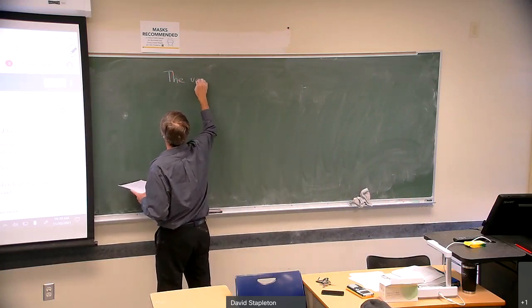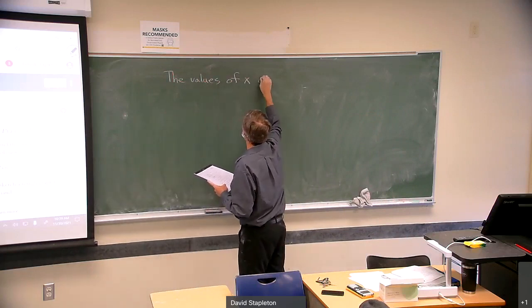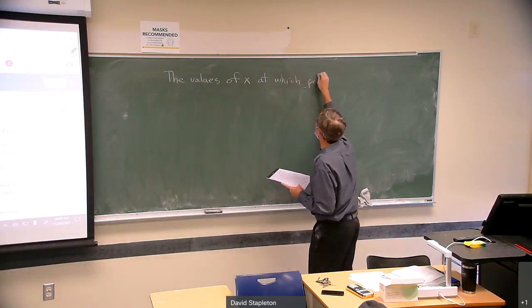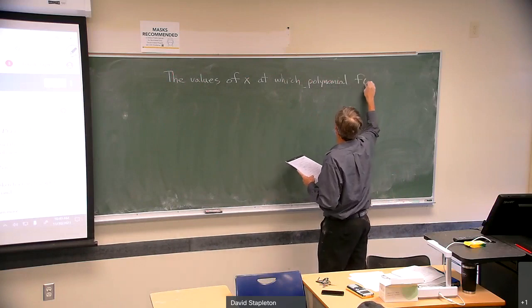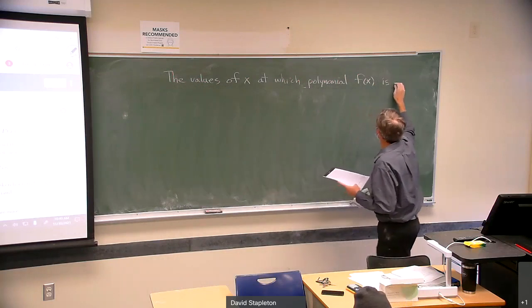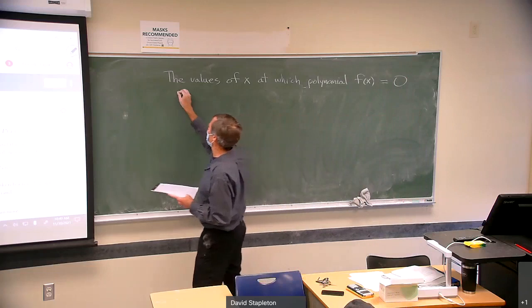The values of x at which a polynomial function, or just polynomial f of x, equals 0 are called what? You already know that.